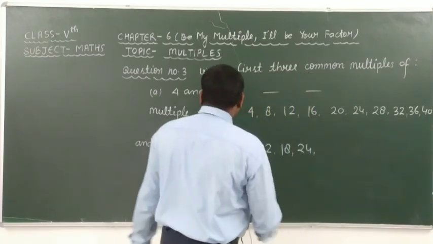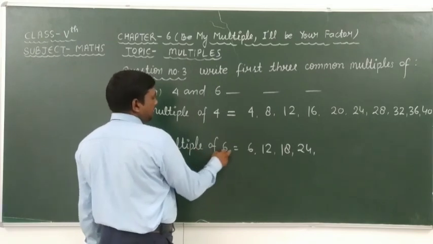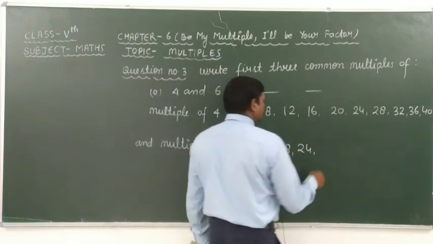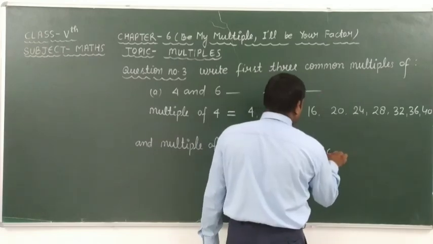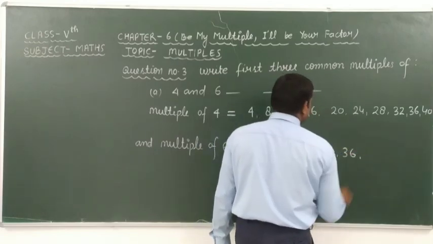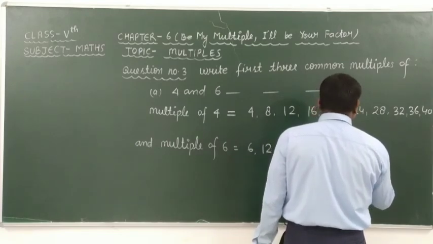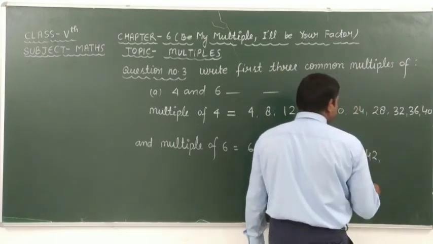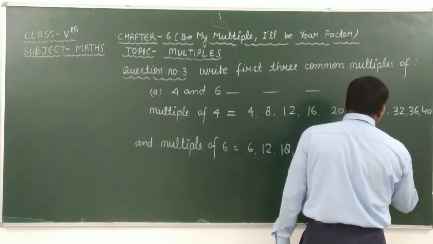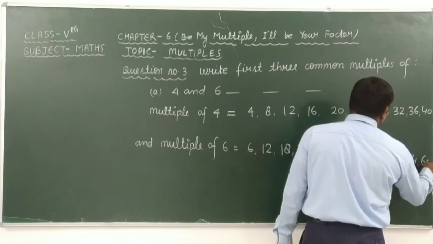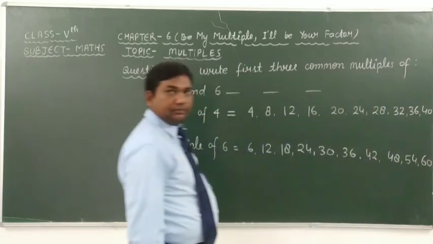Look at it carefully. Multiples of 6 are 6, 12, 18, 24, 6 5 is 30, 6 6 is 36, 6 7 is 42, 6 8 is 48, 6 9 is 54, 6 10 is 60.